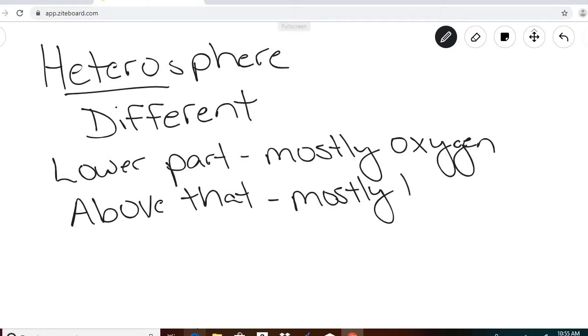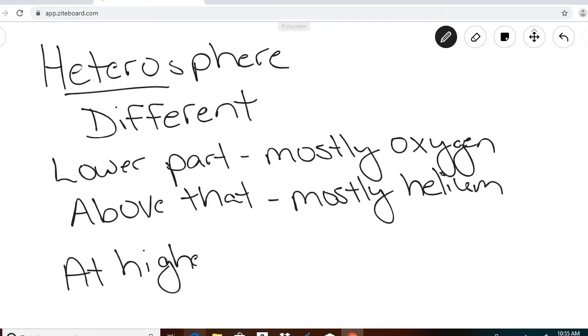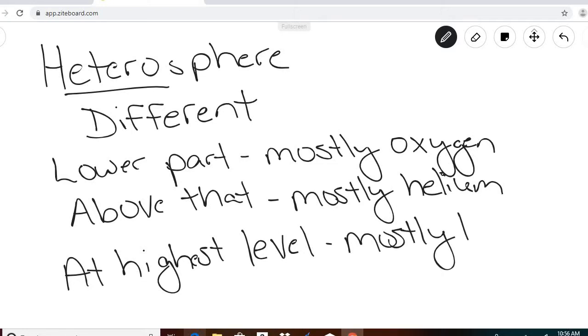If we breathed this air, you would talk funny, like if you ever breathed air out of a helium balloon. And then at the highest level, it's mostly hydrogen. So compared to the homosphere, you see that the gases change as you move to different parts of the heterosphere, whereas it's always the same no matter where you are in the homosphere.